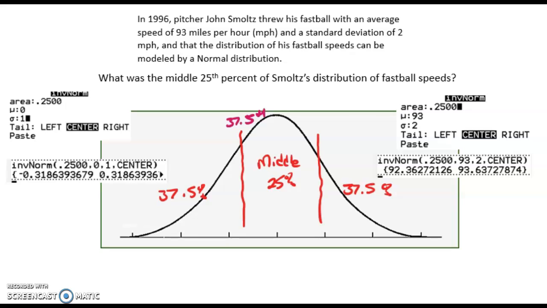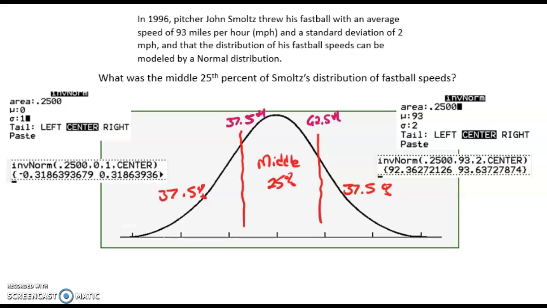So 25 plus 37.5 is going to bring you up to your 62.5 percentile. So if you're doing this by hand, of course, you would have to find both these percents in the table and run with that. Get the z-scores, plug them both into the z formulas, and get you two different speeds.